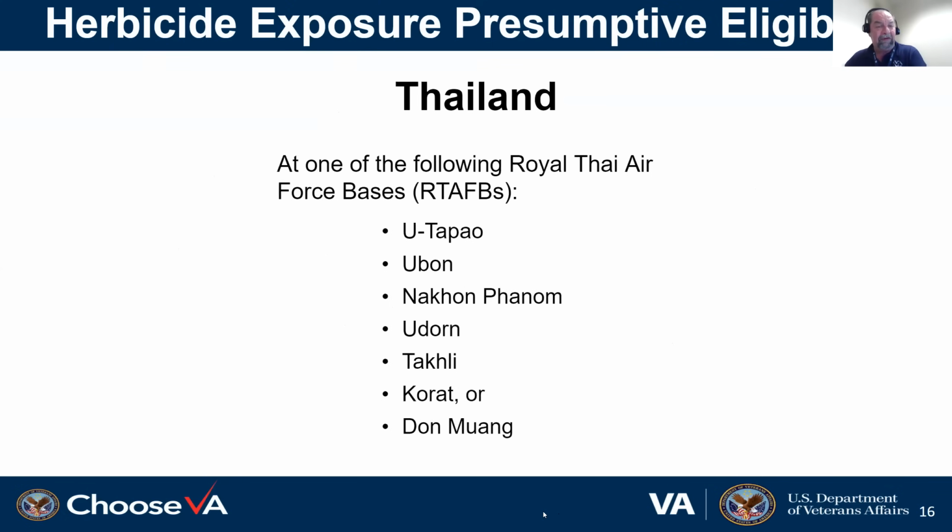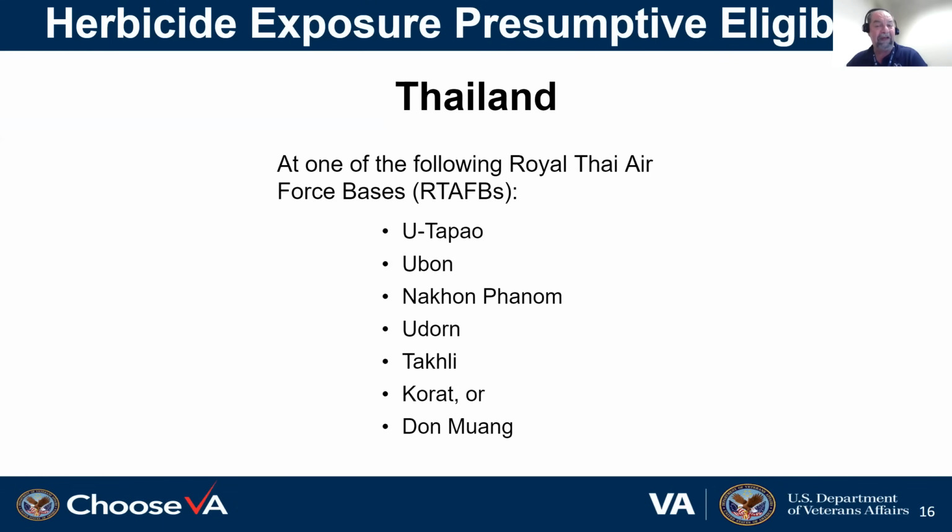They also considered that there are certain places in Thailand, Royal Thai Air Force bases, where many of our aircraft were stationed and maintained, and had flown out of. And you can see that there's a list of 7 different bases that they know that herbicides were sprayed around, in the area of that base.